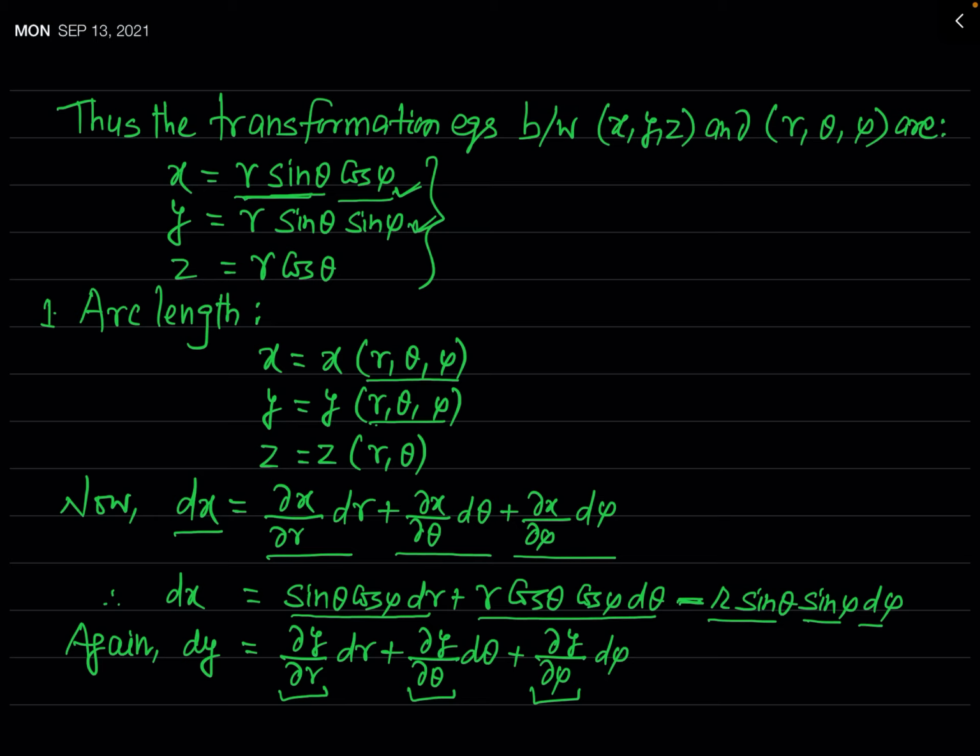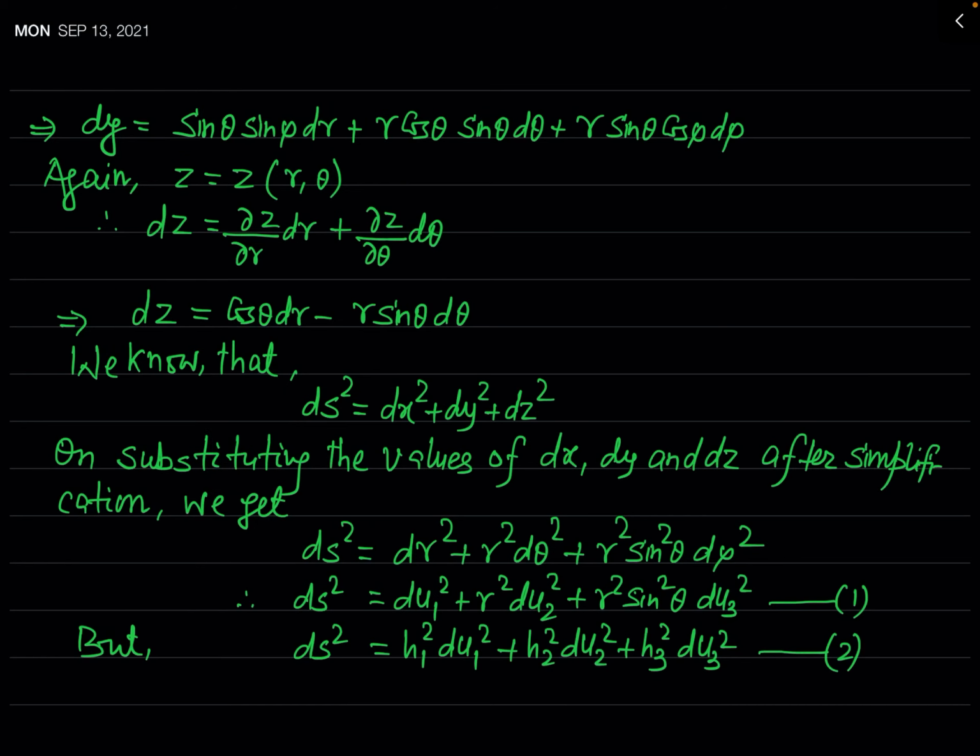Del y by del r will be simply sine theta sine phi, because del r by del r is 1. I am not repeating all the terms; you can do this simple differentiation easily. After getting the partial derivatives, you will get dy equal to sine theta sine phi dr plus r cos theta sine phi d theta plus r sine theta cos phi d phi.